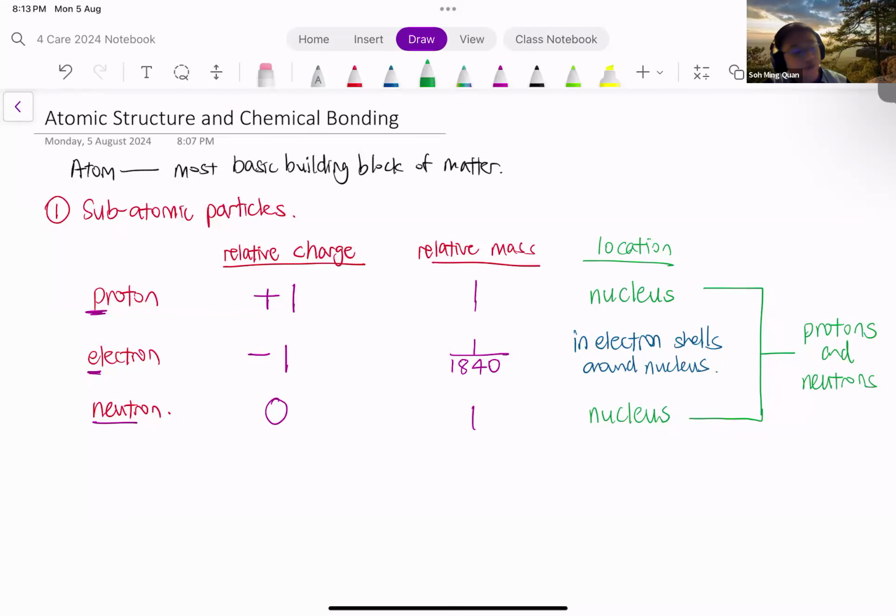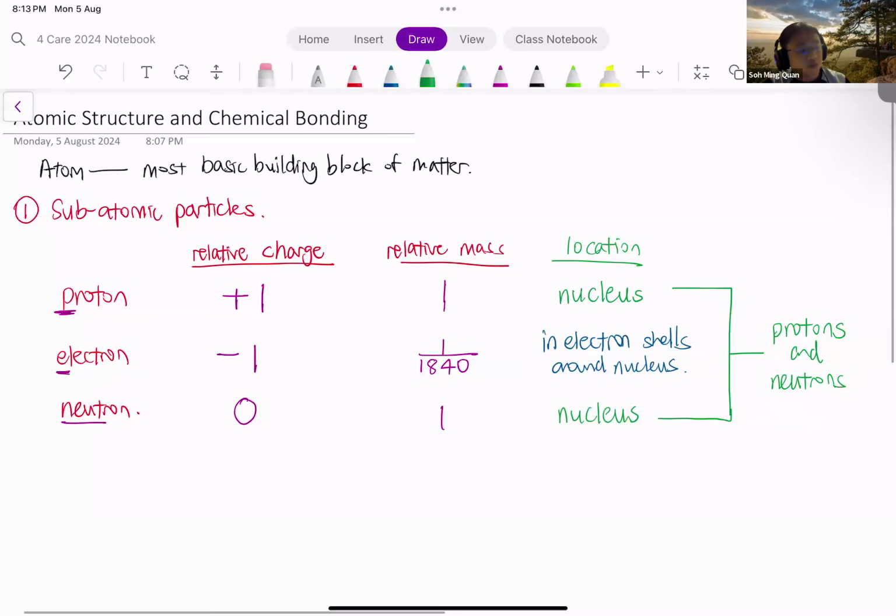They are both found in the nucleus. And that's why protons and neutrons collectively are called nucleons. Now, this is a word that sometimes students get confused about. Nucleons just means what particles do you have inside the nucleus. So inside the nucleus, we have protons and neutrons.